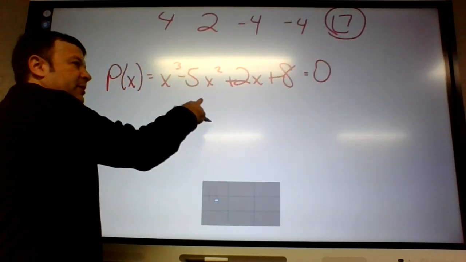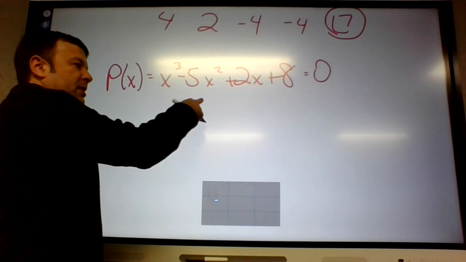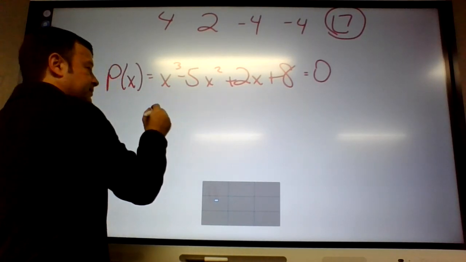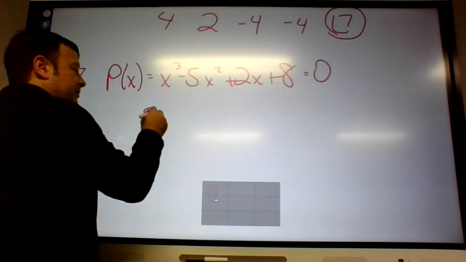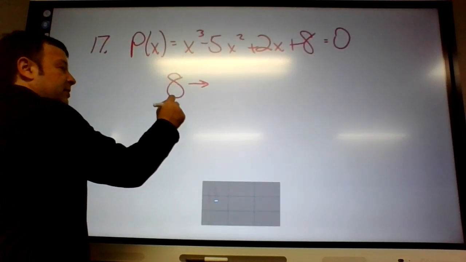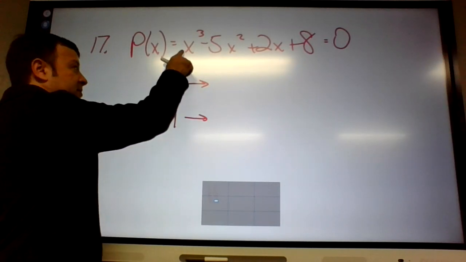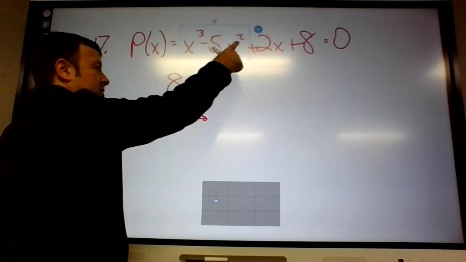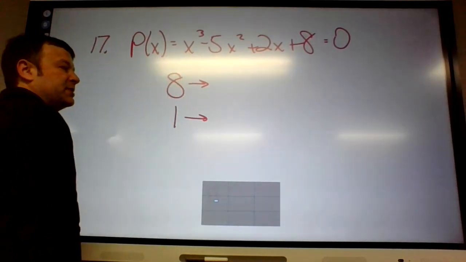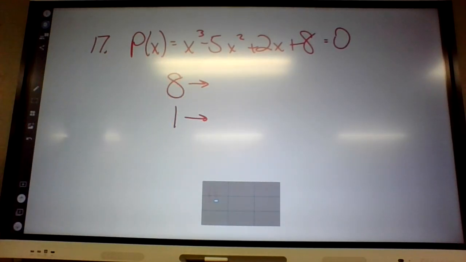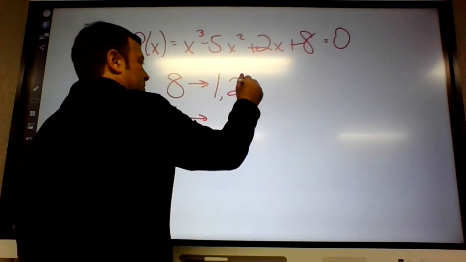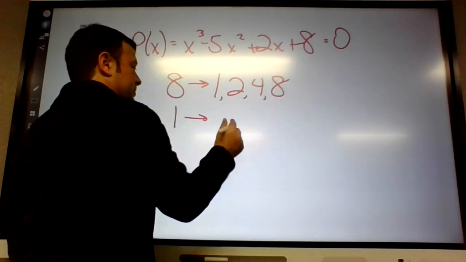So do you guys remember the trick from number 7 or number 9 or whatever? What are possible zeros of this function? It's called the rational root theorem. We're going to do factors of 8 over factors of 1. So you use the last number and the first number. Last coefficient and the first coefficient. Factors of 8 are 1, 2, 4, and 8.